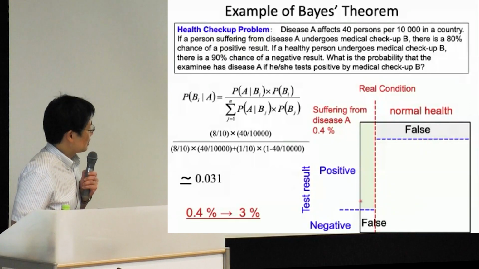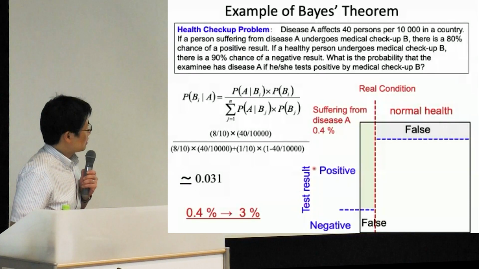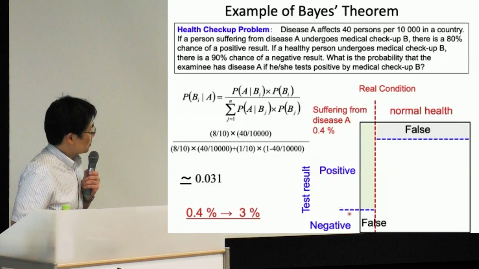And this axis indicates the test results, positive results or negative results. So for people suffering from disease A, these are the positive and these are the negative.